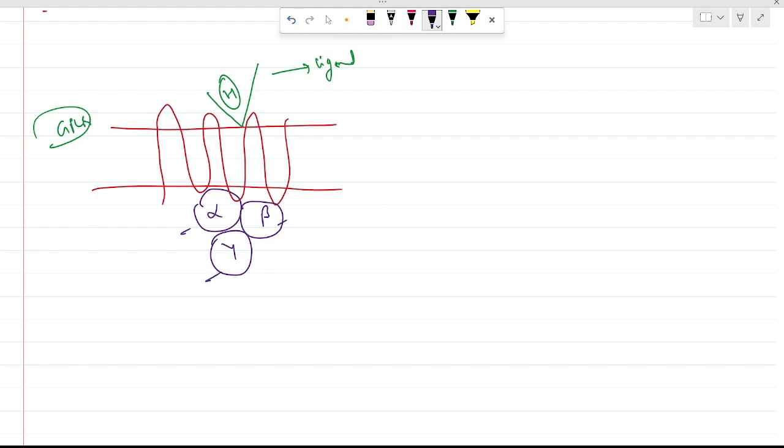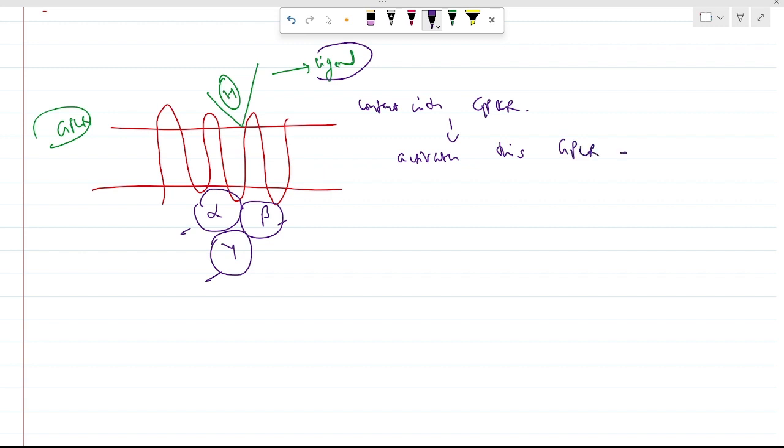We have seen before. Now when this hormone, which is the ligand for this receptor, comes in contact with the GPCR, it activates this G protein coupled receptor.